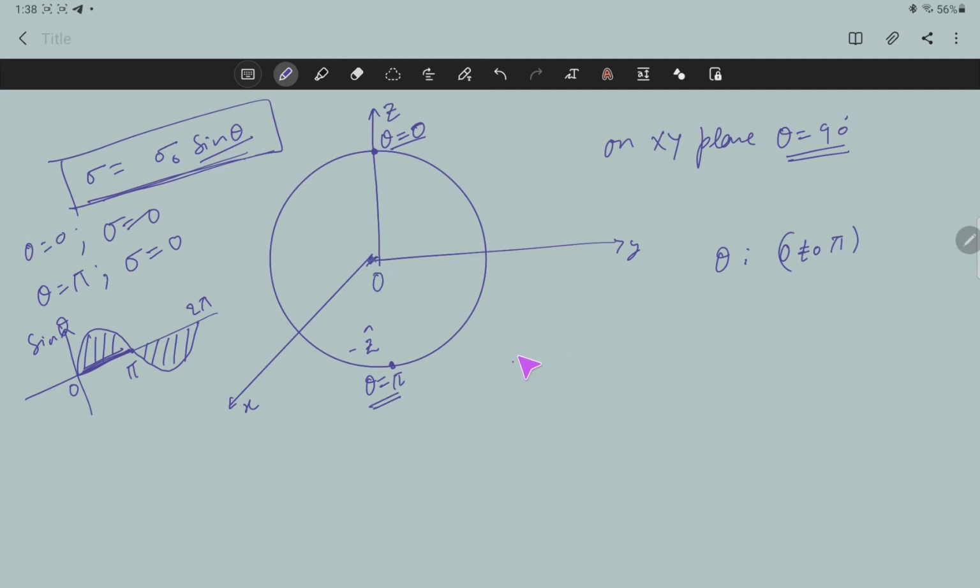If you calculate the total charge, with sigma naught sine theta, the total charge will be the integral of sigma ds.